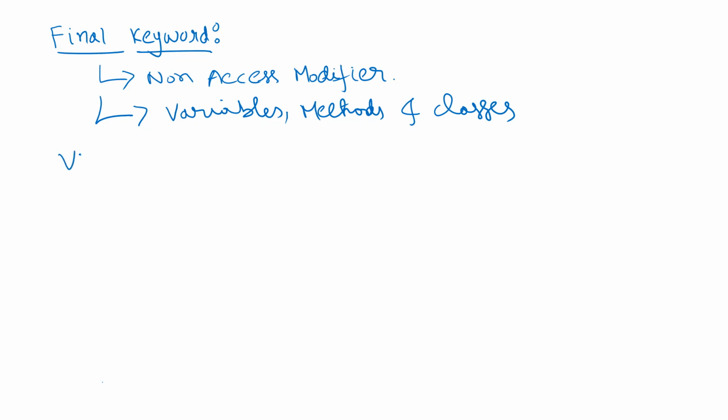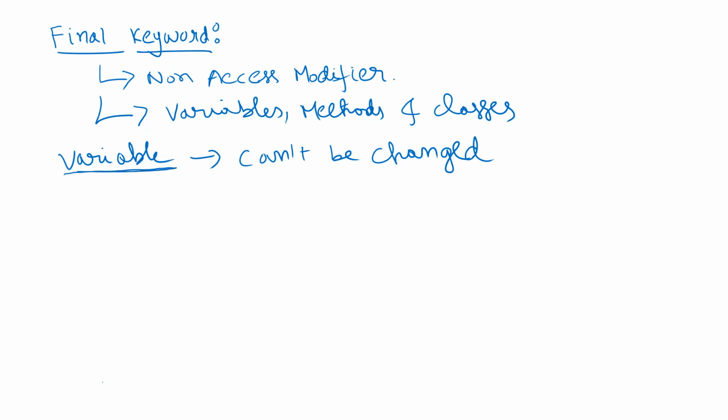If we apply a final keyword on a variable, that means this value is constant and cannot be changed. If we try to assign new values for a variable that is defined as final, it gives an error.